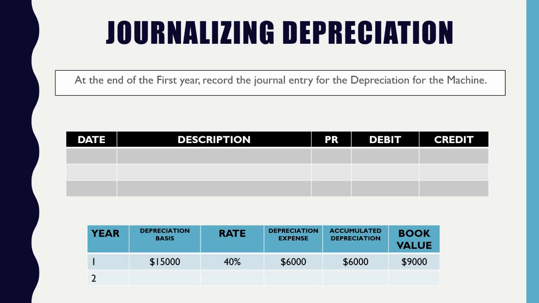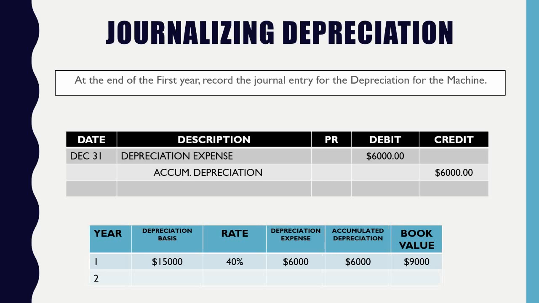You're still going to have your depreciation expense and your accumulated depreciation, but this time we're going to look at what we solved in our table, where we solved for the depreciation expense to be $6,000. That's exactly what you're going to put here, and that is just how you're going to journalize it. Everything else will look the same. Depreciation expense and accumulated depreciation are associated with one another.